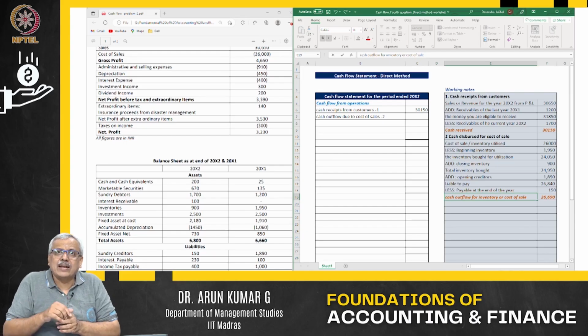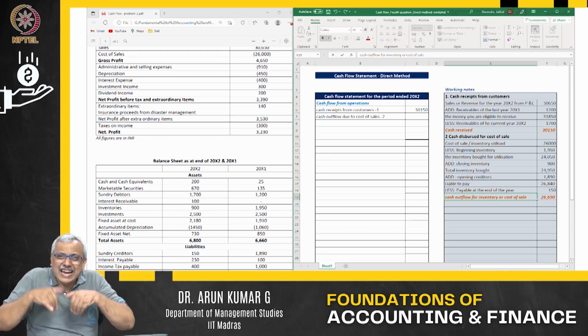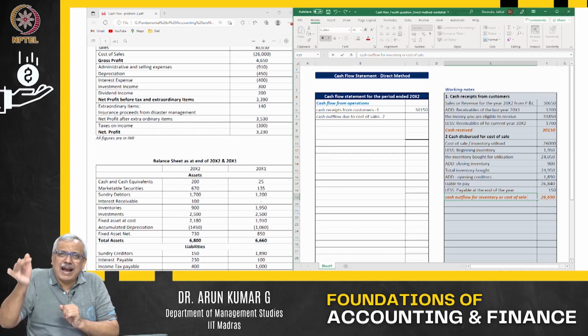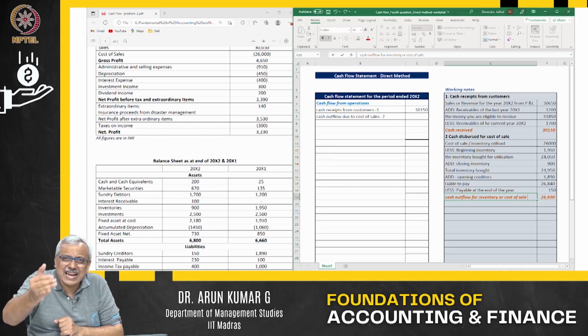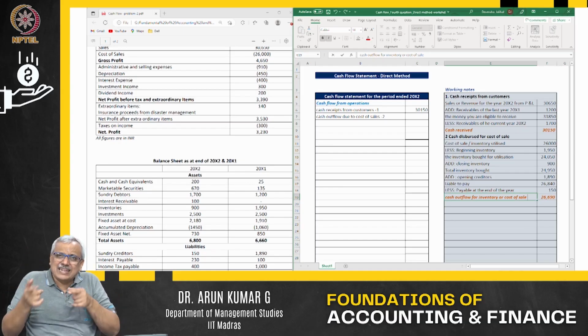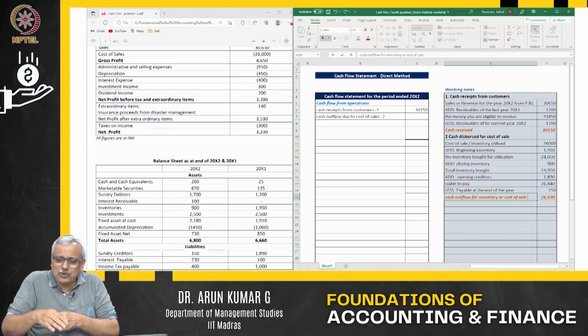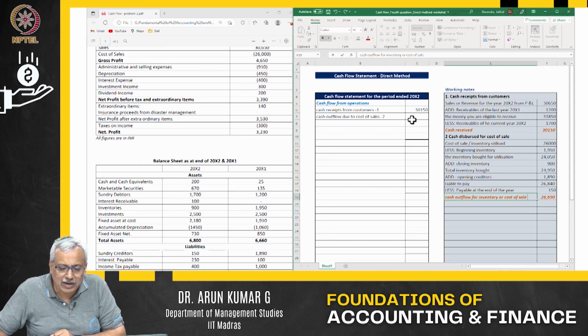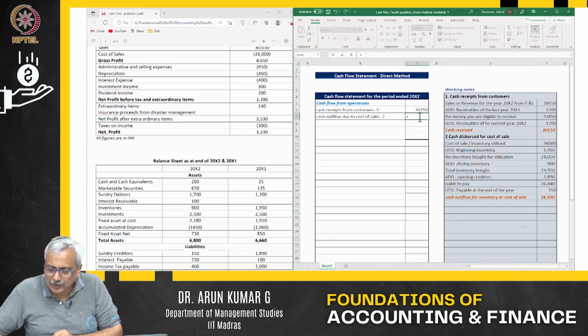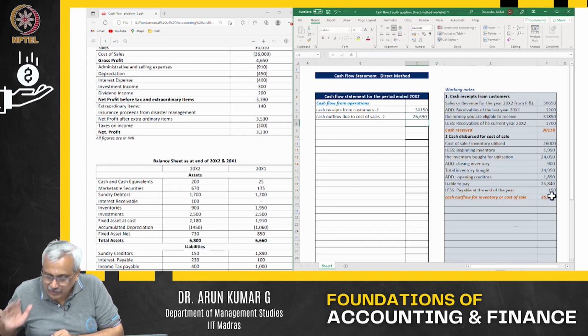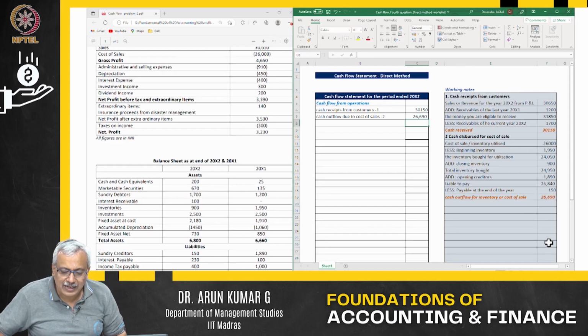How much have you paid? The money that is yet to be paid at the end of the year, I subtract from the money that I am liable to pay. That is what I have basically paid. So the cash outflow due to cost of sale in this particular case is this amount.